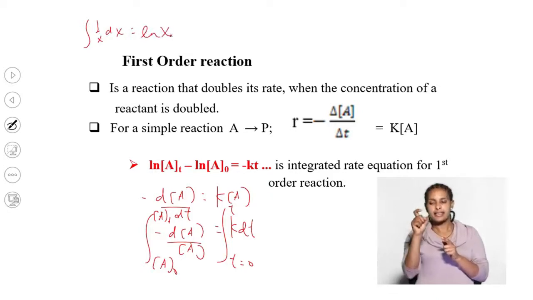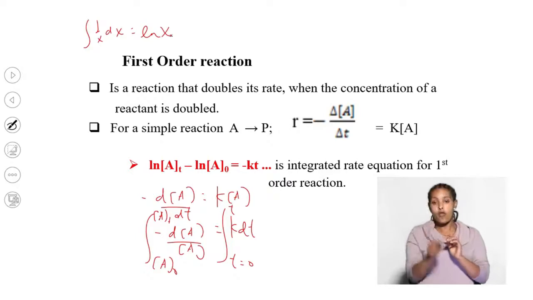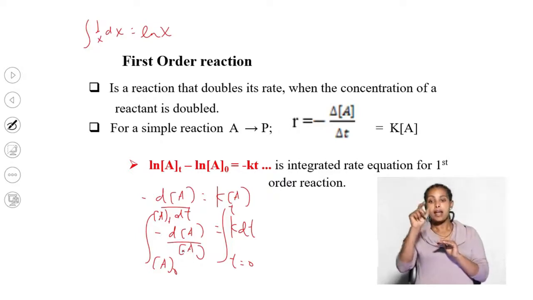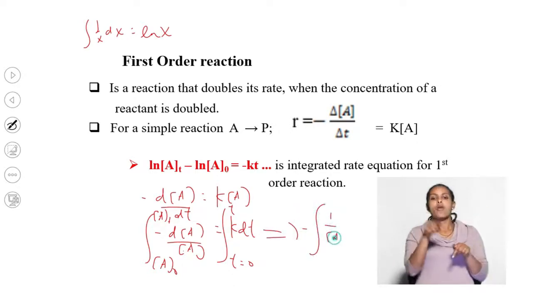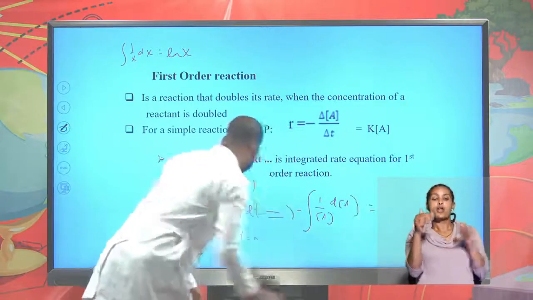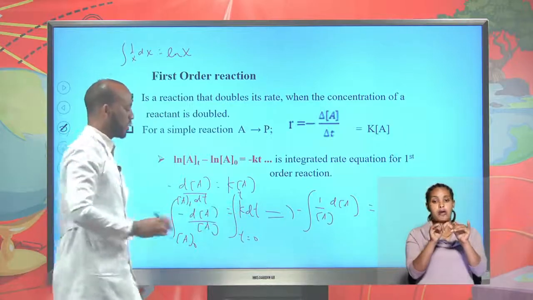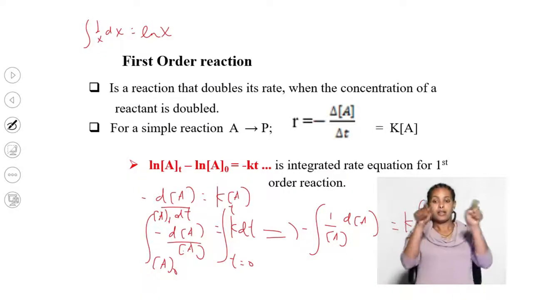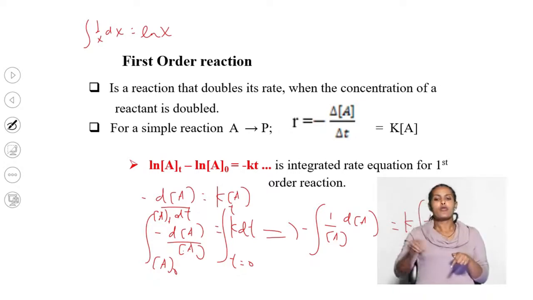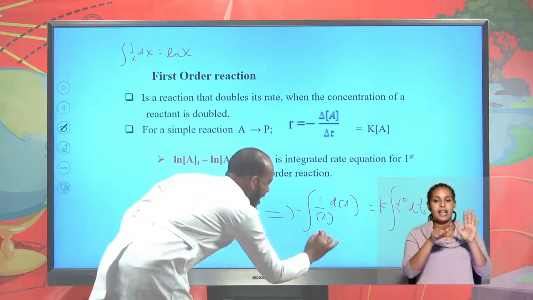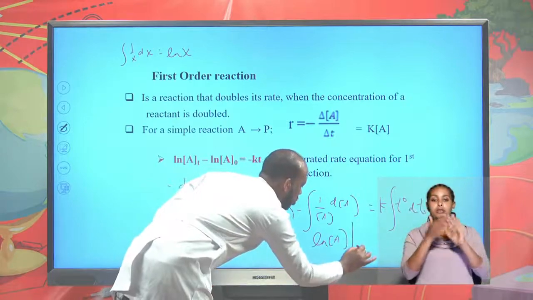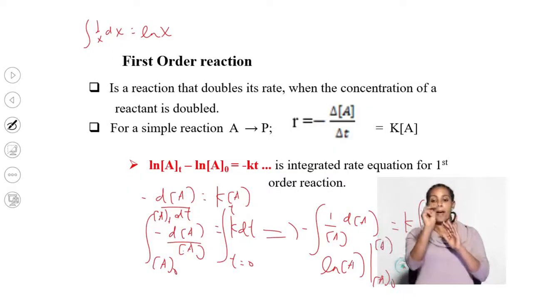Therefore, the integration of 1 over concentration of A is ln A. K is a constant, so you can factor out k times the integration of dt, from 0 to t. Multiplying both sides by negative 1, ln concentration of A from A naught to concentration of A equals minus kt.